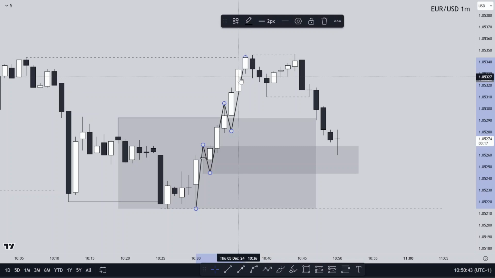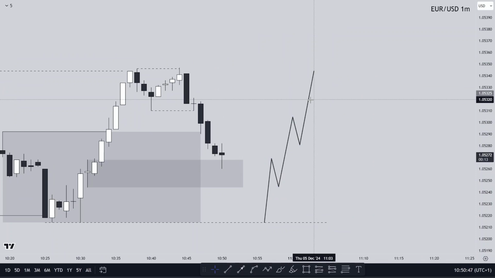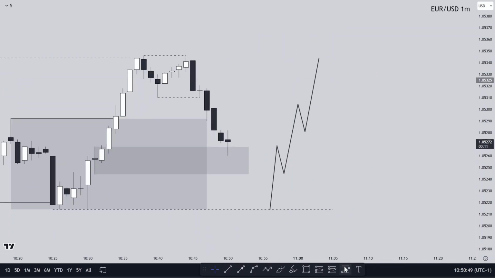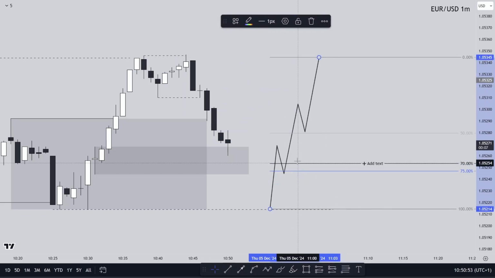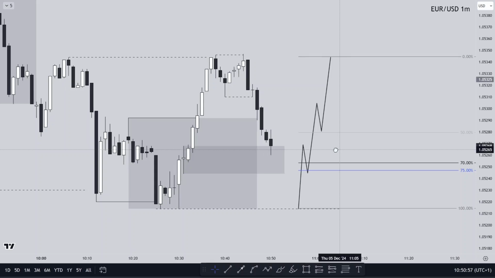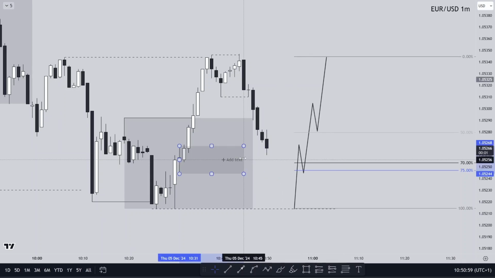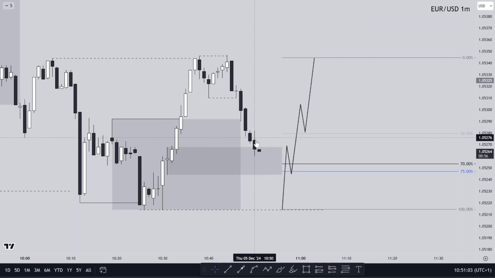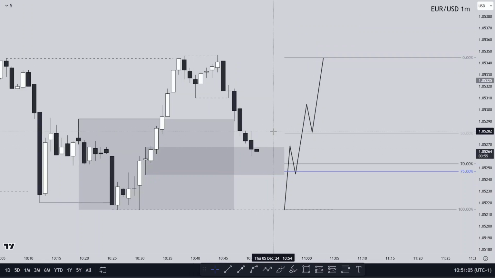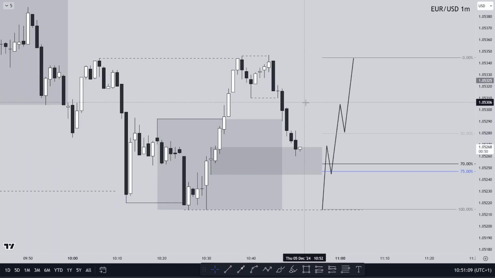So this is my last structure, and if I draw Fibonacci from the minimum to the maximum, we also are in the discount zone, so it can be possible for the price to go up now, but it needs to show me some strength.